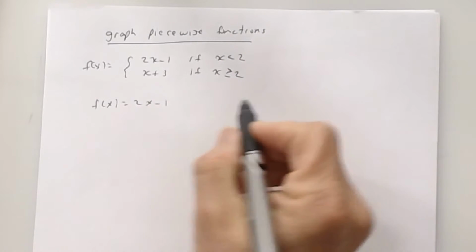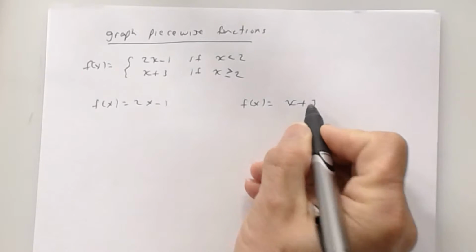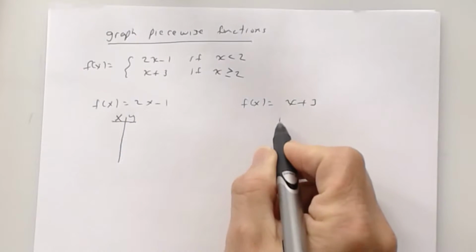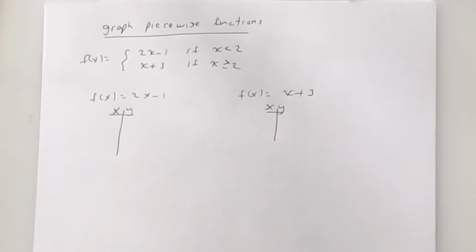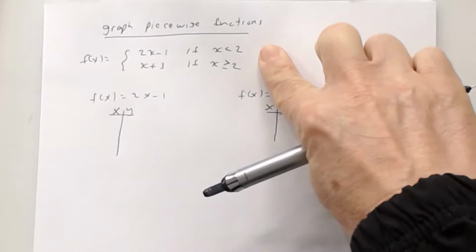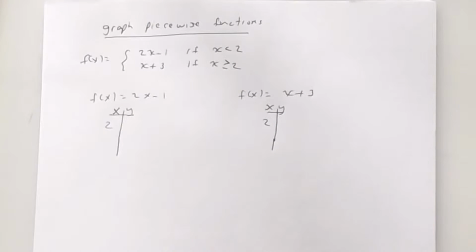So when you graph each one, you use a t-table. The number you must start with is the number you see here. What number do you see? 2. So put 2 in both cases.